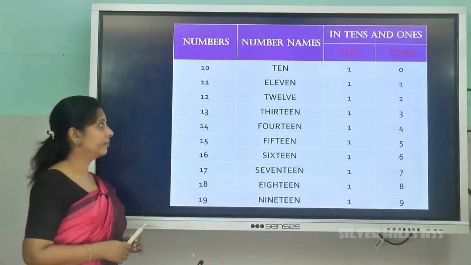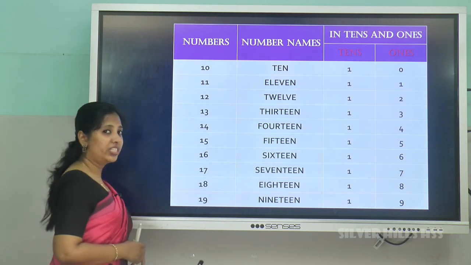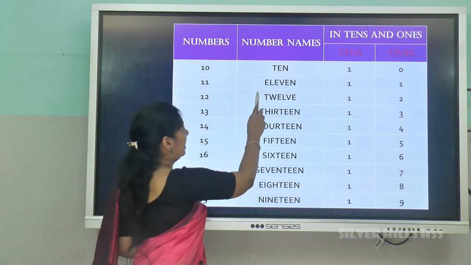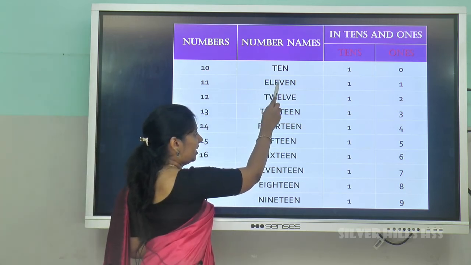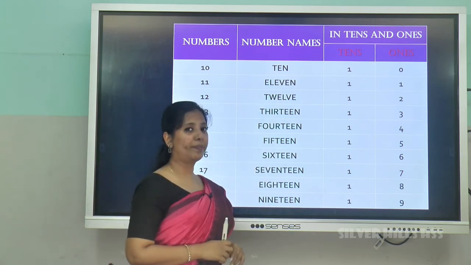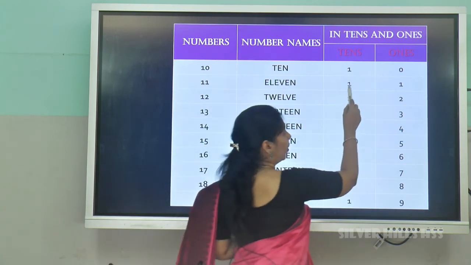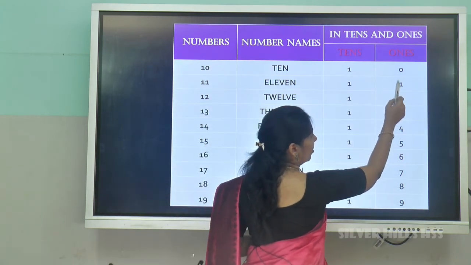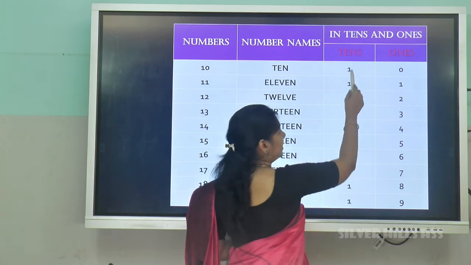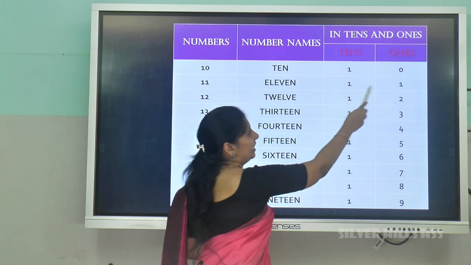Okay. And the next number is 11. What is the spelling of 11? E-L-E-V-E-N. 11. How will we represent 11 in tens and ones? In ones place we will write 1 and in tens place we will write 1. So 11.